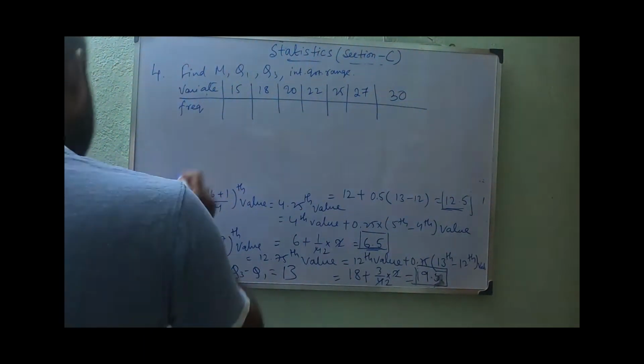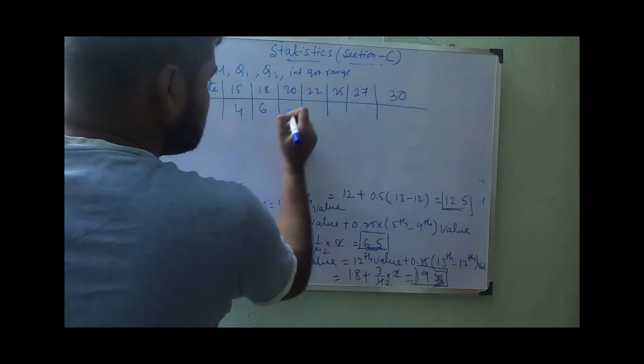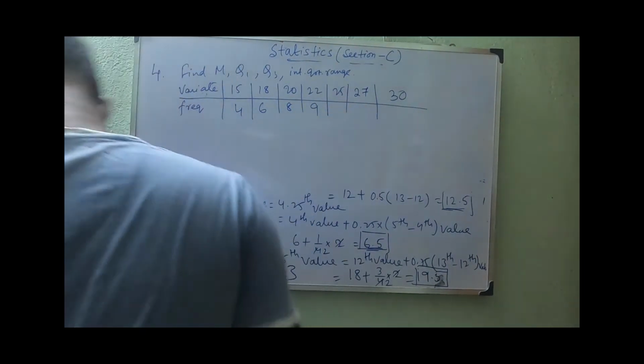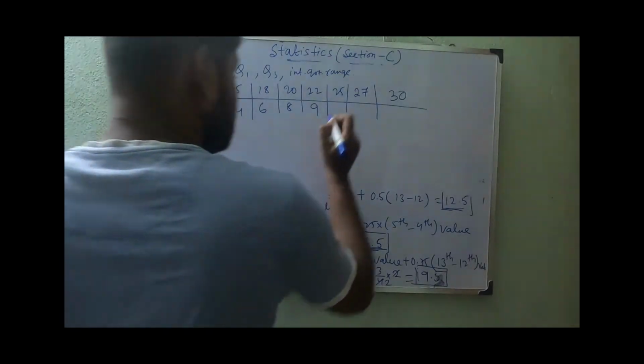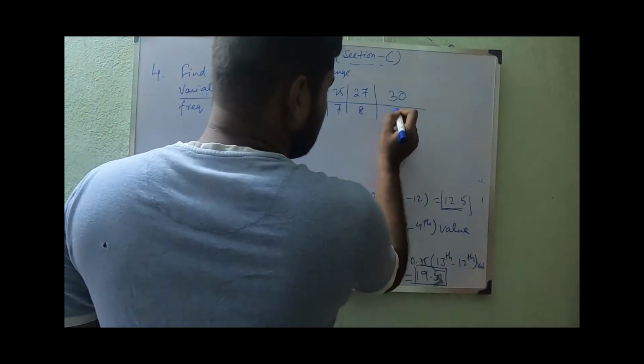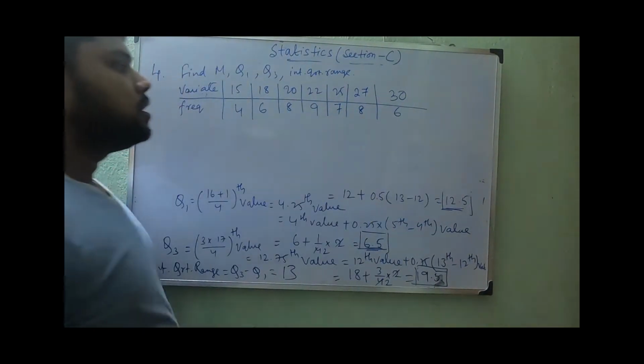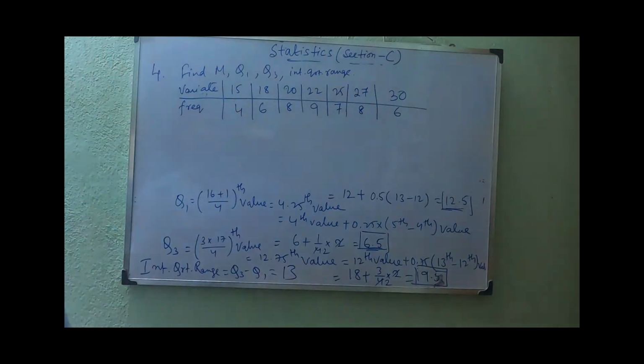Frequencies are 4, 6, 8, 9, 7, 6, 8... 4, 6, 8, 9, 7, 6, 8. Okay, fine. So these are the values given.